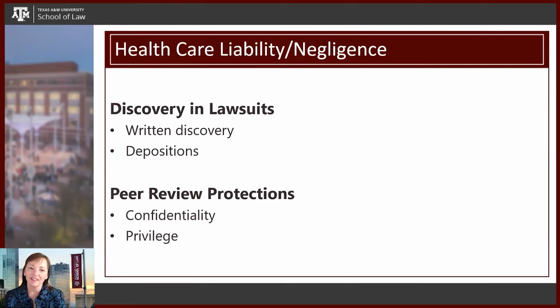Now, again, some people think, oh, then you just protect and privilege the entire situation. No, because the underlying issue, let's say there's a medication error, is going to be documented in the medical record. Here's the medication ordered, here's the dose, here's the route and so forth, and that should be documented with every single medication.